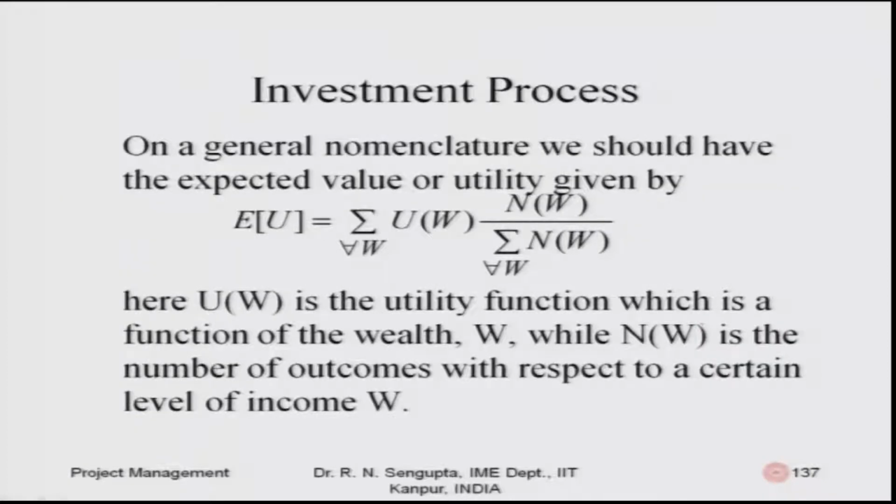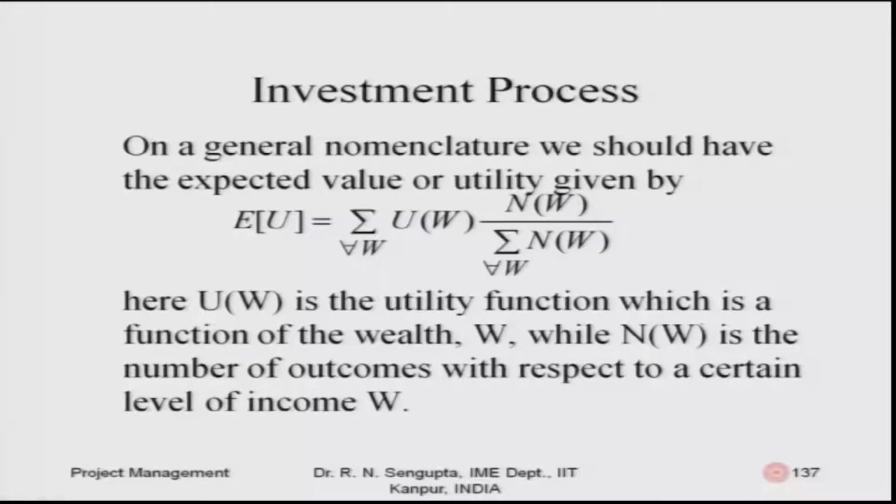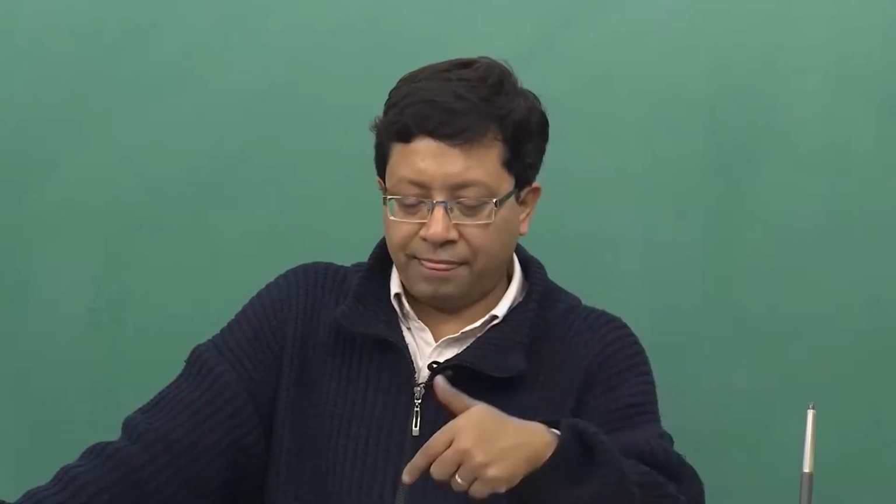So, on a general framework, we have been mentioning that we try to find the summation of the probabilities multiplied by the values and such equations. Generally, the concept of the expected value of a utility is given by this. If you see, U_W is first, let me clarify, it means the utility for the net investment W. W is in rupees or dollars, so that would always be positive.